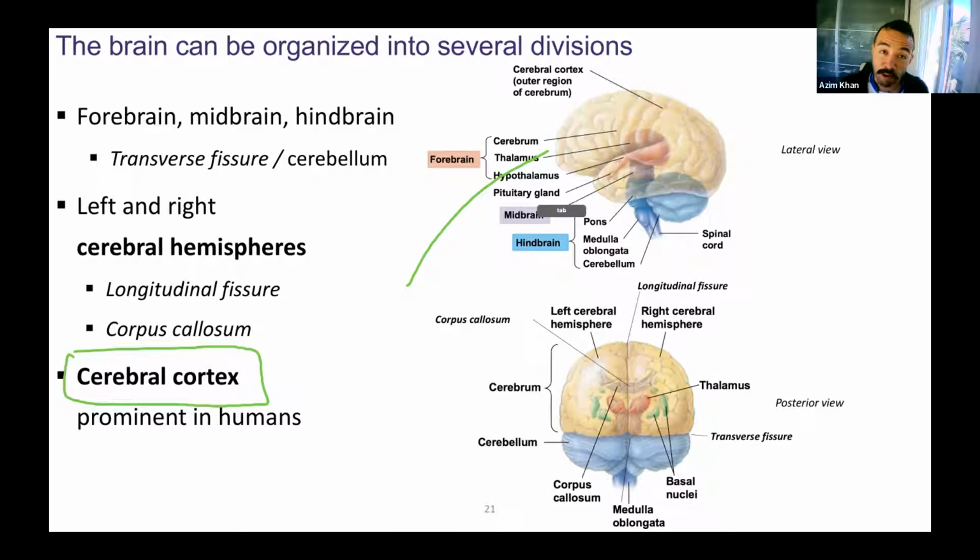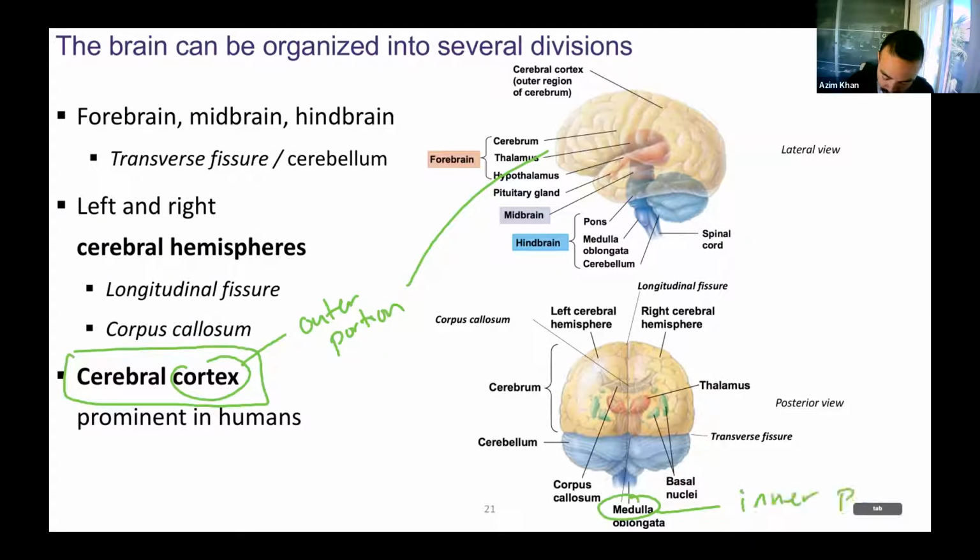The outer portion of that big thing, the cerebral cortex, is where most of our brain matter is. Cortex, this word means outer portion. Compare that with medulla. Medulla means inner portion. You'll see this naming convention for other organs as well.